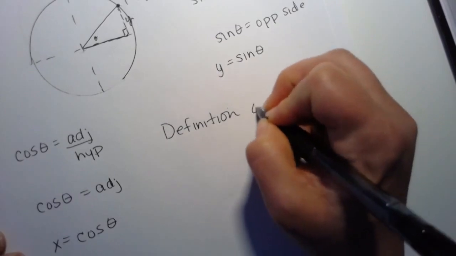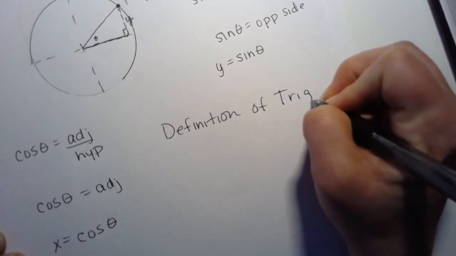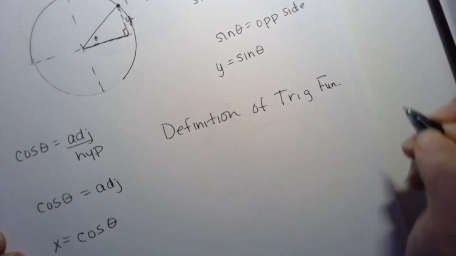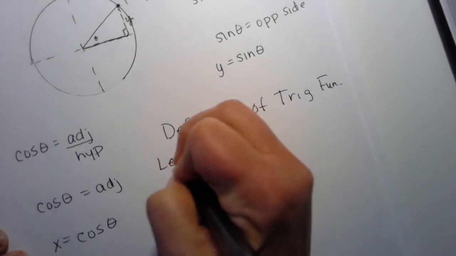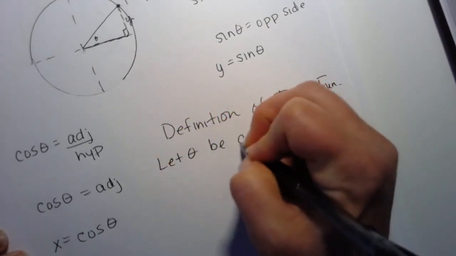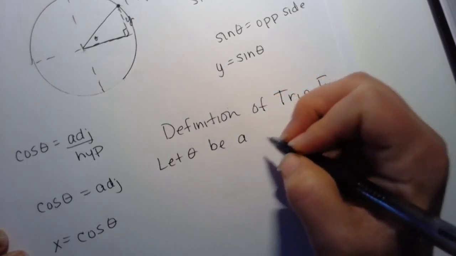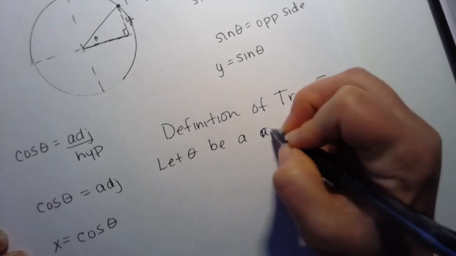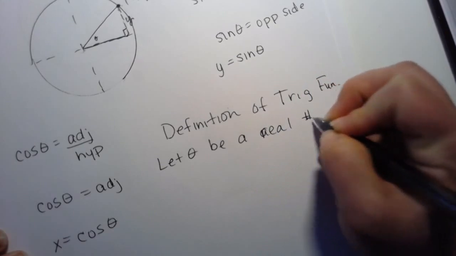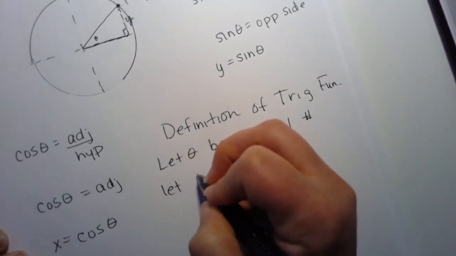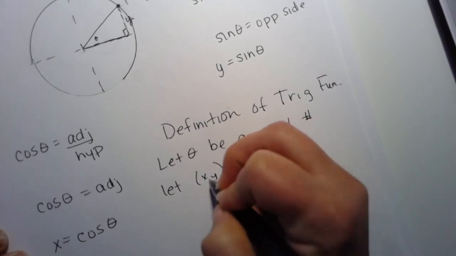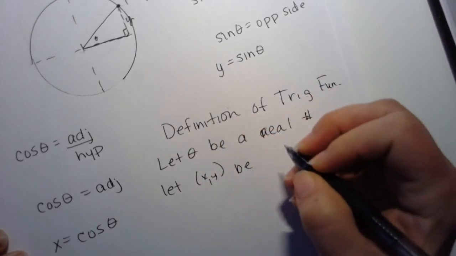The definition of trig functions: we're going to let theta be a real number, and we're going to let (x, y) be a point on the unit circle.